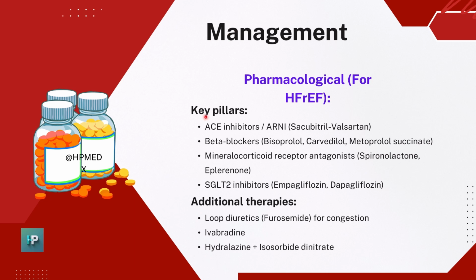These are angiotensin converting enzyme inhibitors, angiotensin receptor blockers, and neprilysin inhibitor, that is sacubitril and valsartan combination. And then beta blockers, these are mostly the cardioselective beta blockers like bisoprolol, carvedilol, and metoprolol succinate. And then mineralocorticoid receptor antagonist, such as spironolactone and eplerenone.